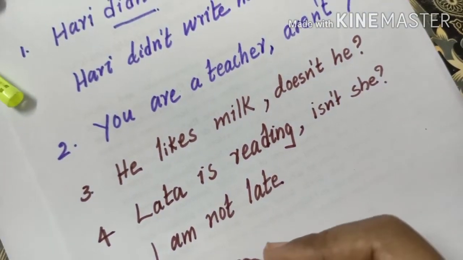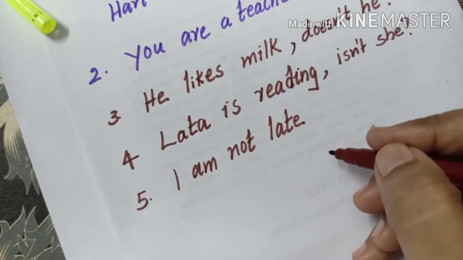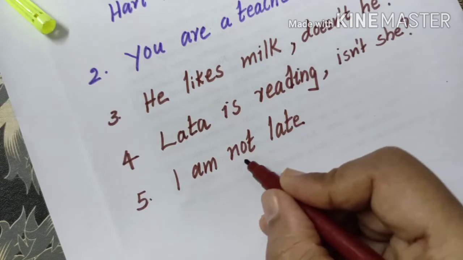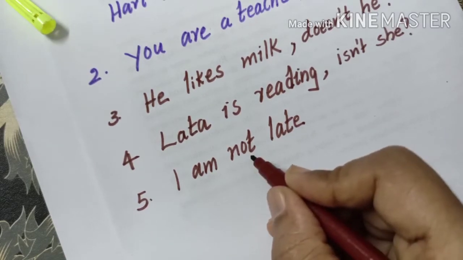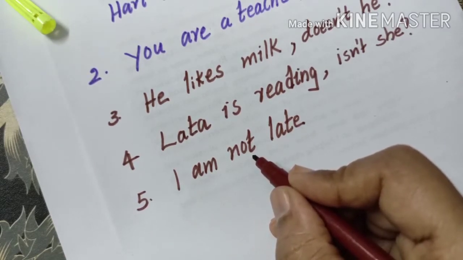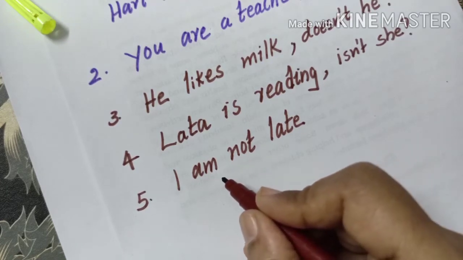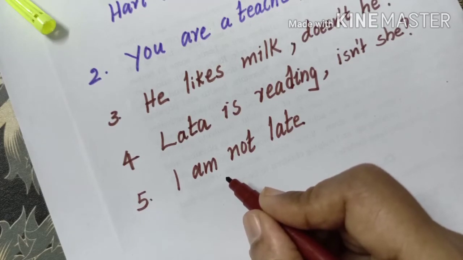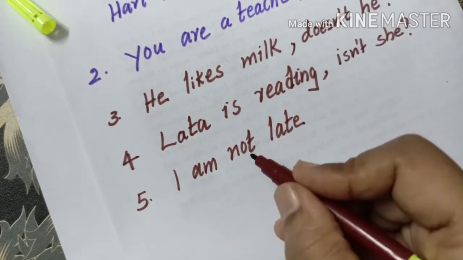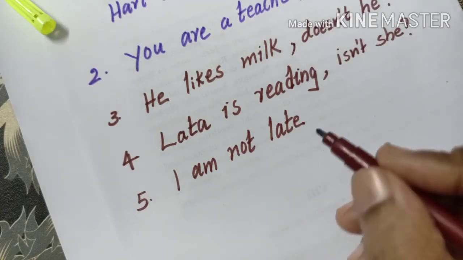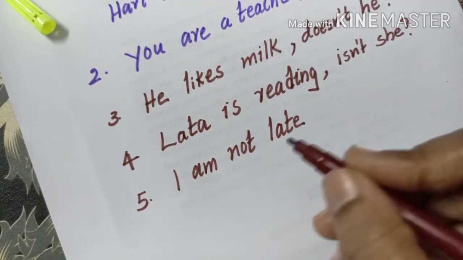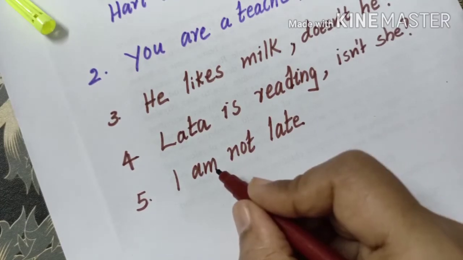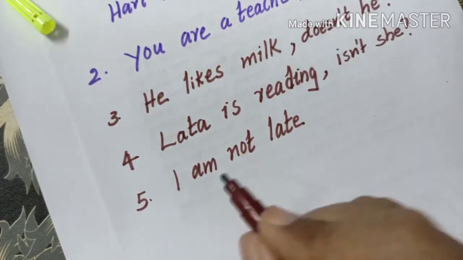Look at this sentence. I am not late. Is it positive or negative? Yes, it is a negative sentence, because of not. Is the auxiliary verb given? Yes, am is the auxiliary verb. When the auxiliary verb is given, it is very easy to write the question tag. You have to go on with the auxiliary verb only. Since it is negative, we will make it positive.